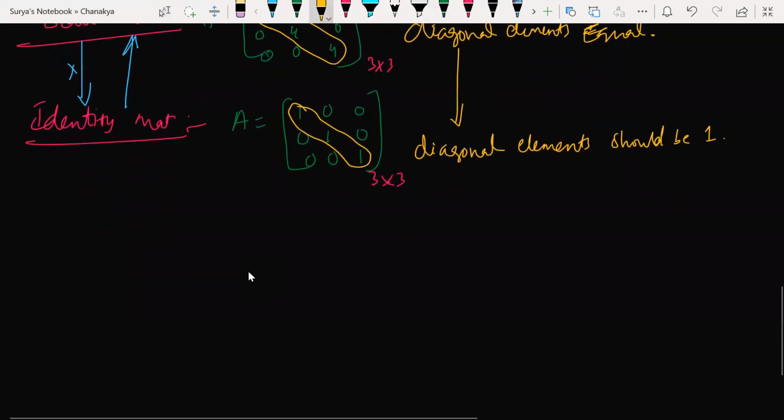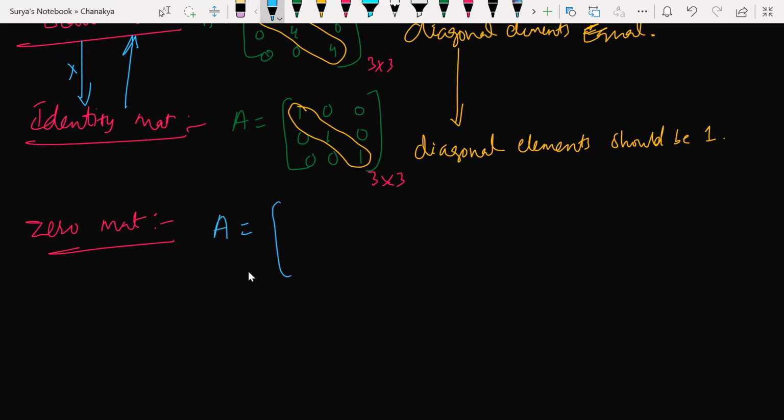Next, zero matrix. All elements will be zero. A zero matrix is also called a null matrix. All the elements should be zero. Very simple. Every time you write only a 3 by 3 matrix; why not a 2 by 2 matrix?